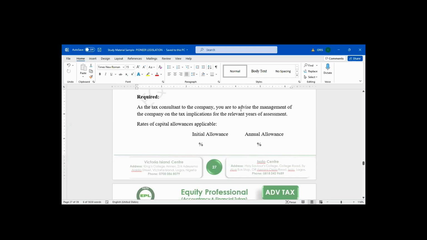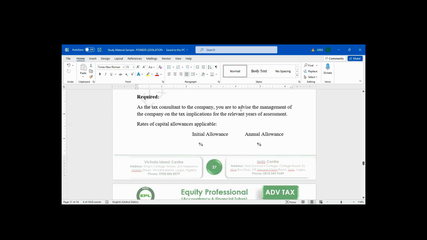You can say BDI Consulting Service or BDI and Co tax consultants. You give yourself a name and you write where you are located. Maybe you are located in Ikorodu Road, Lagos.